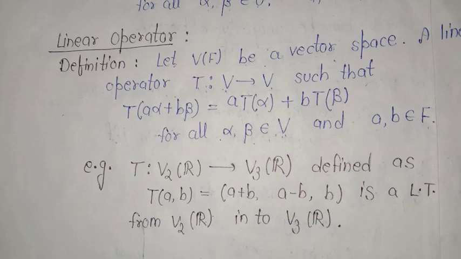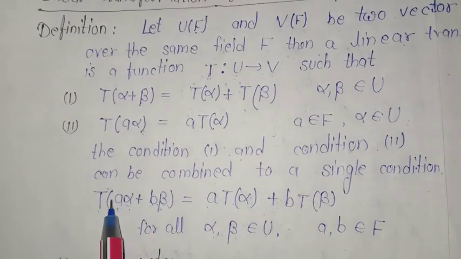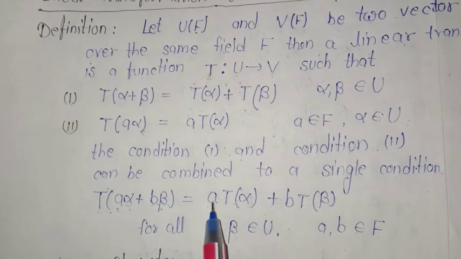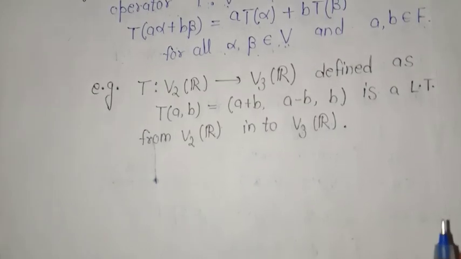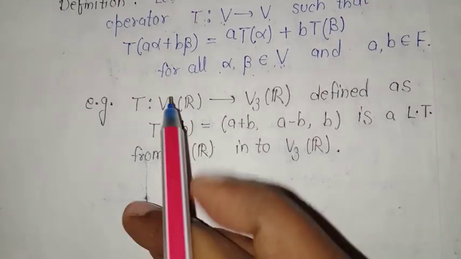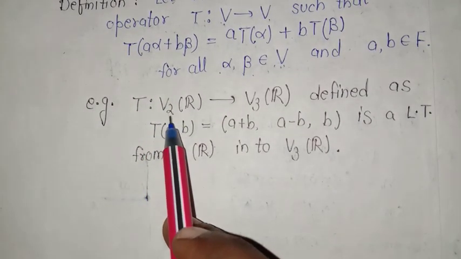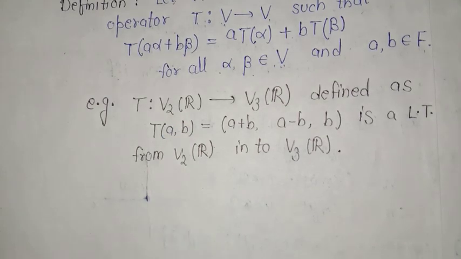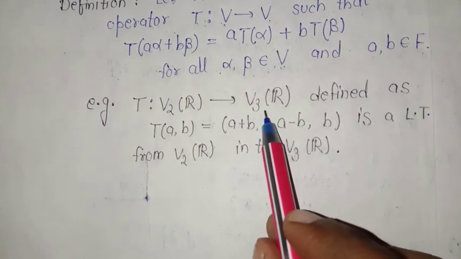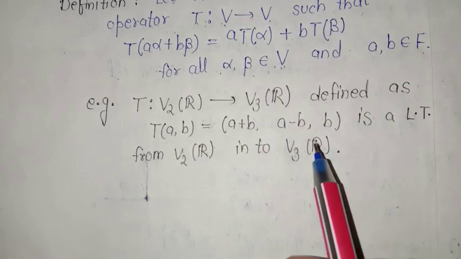For that we have to show only one property, that is T of a alpha plus b beta equals a times T of alpha plus b times T of beta. The spaces given to us in the example: this is V2(R), so all the elements of V2(R) must be in the form of ordered pairs, and the elements of V3 are in the form of triads.